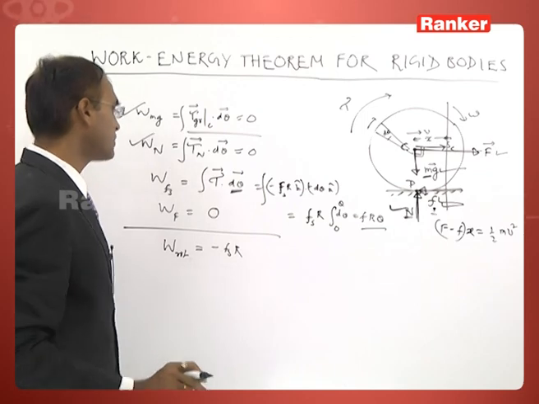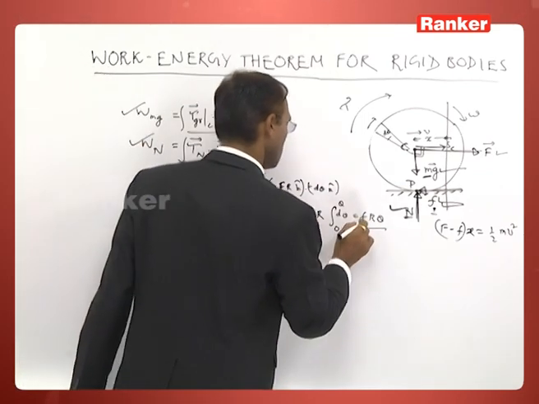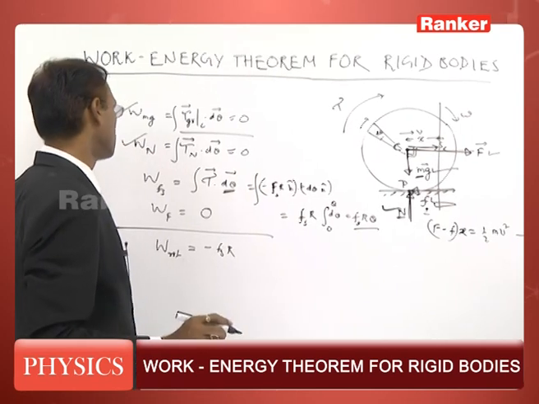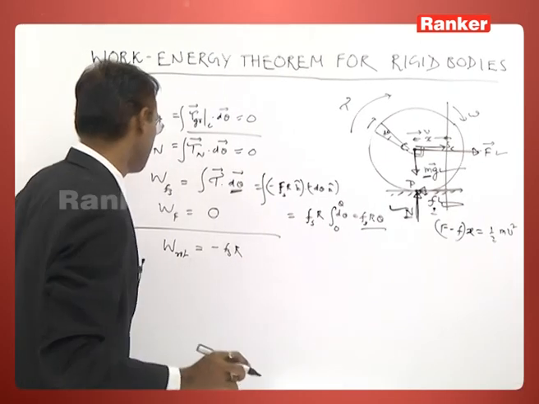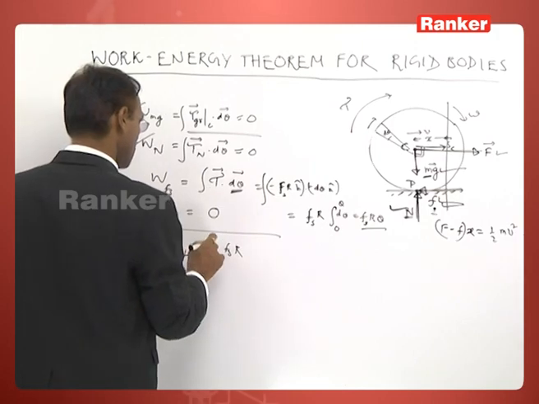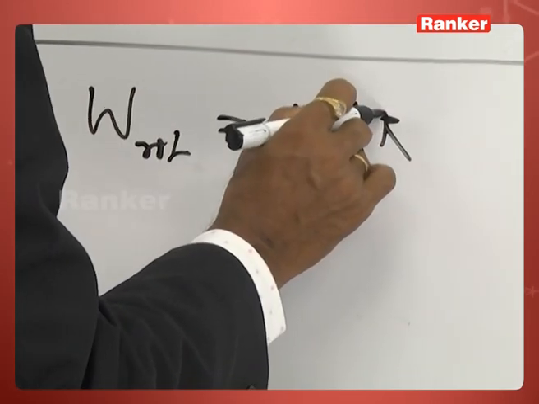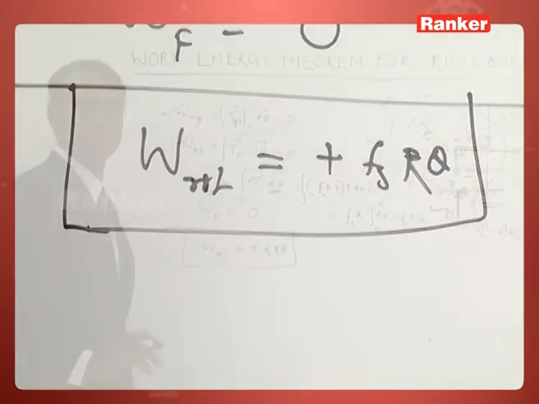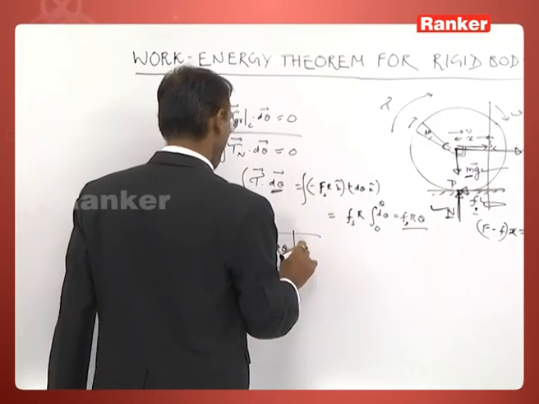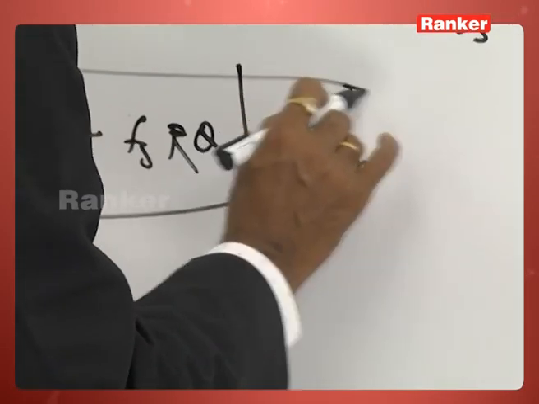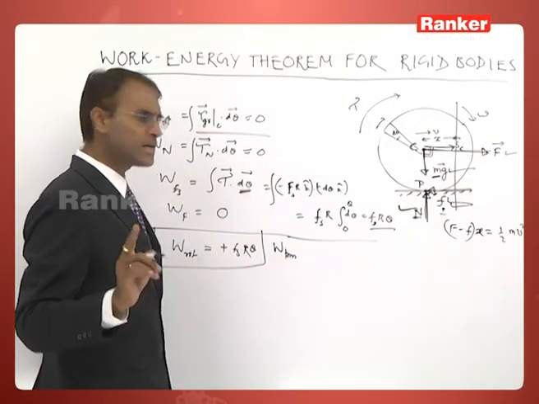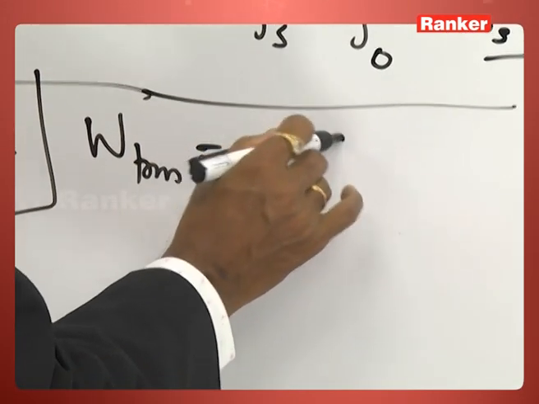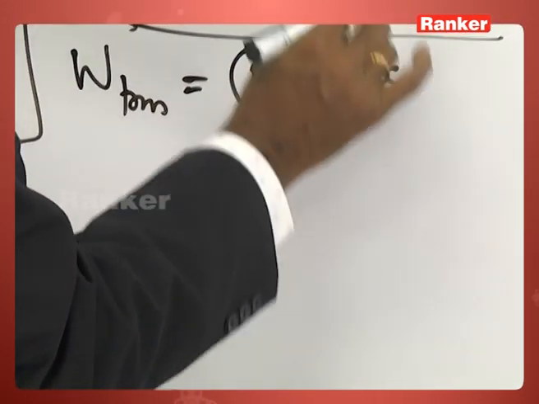So the static force of friction performs positive work in rotating the object. So this is Fs r into theta. And the work done by all forces in translating the object will be equal to (F minus f) into x.